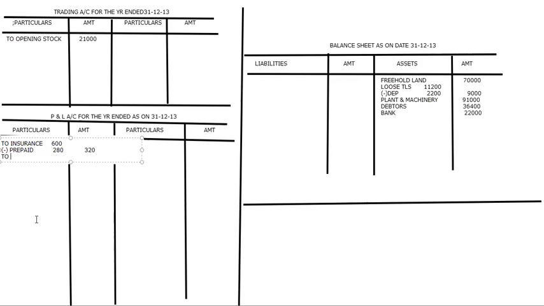Then after insurance he gave bad debts. Bad debts also is a loss for us. Bad debts means I have sold goods on credit to my customers, and they have to pay me the amount. But what happened? They have not paid me. I kept on repeating and asking them, but still they didn't pay any amount.